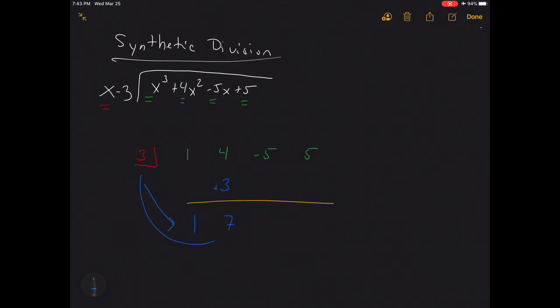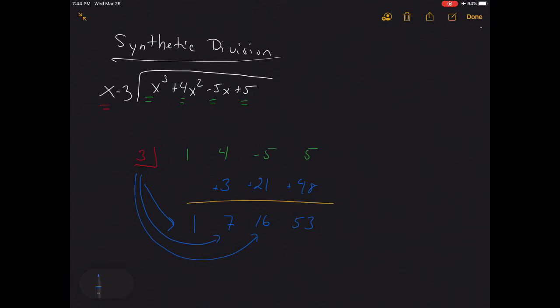Then we multiply the 3 times the 7, and we place that here. Then we add the negative 5 and the 21, and we get 16. And then we multiply the 3 times the 16, which is 48. And then you add the 48 and the 5, and we get 53.